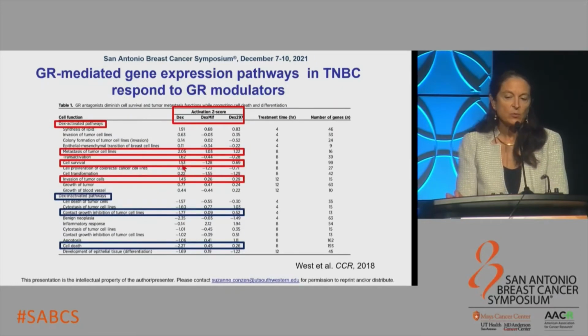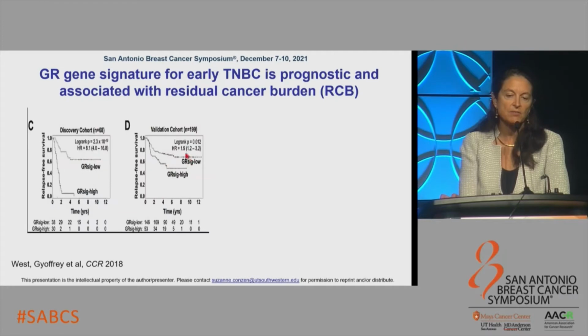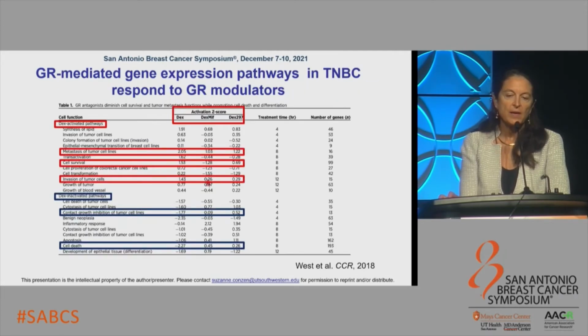In my lab, Diana West published in 2018, looking at hundreds of human tumors as well as tumor cell lines, that glucocorticoid receptor high expression, or in the cell lines, initiation of glucocorticoid receptor activity, was associated with a number of DEX-activated pathways, including metastasis, cell survival, and invasion of tumor cells, and that these expression pathways, which are positive here, could be abrogated by mifepristone, which is a joint PR and GR antagonist, or new compounds which antagonize GR.